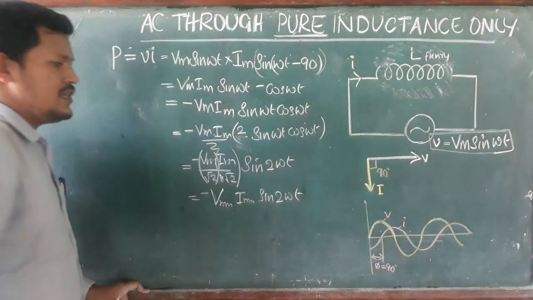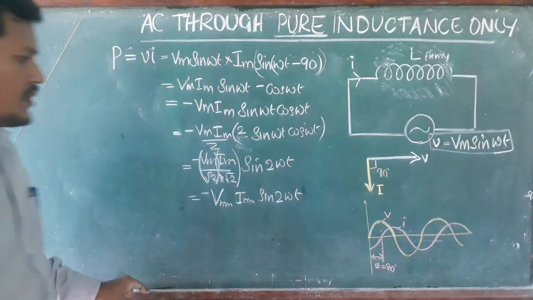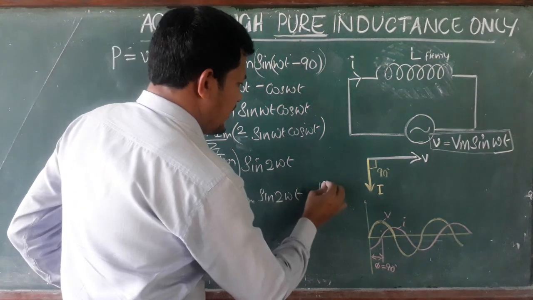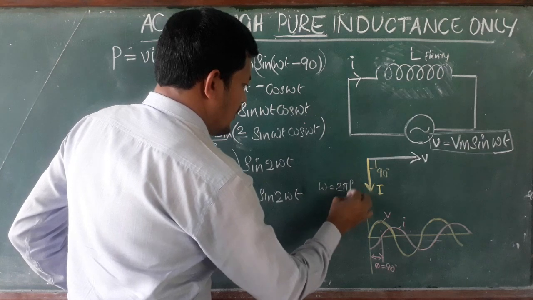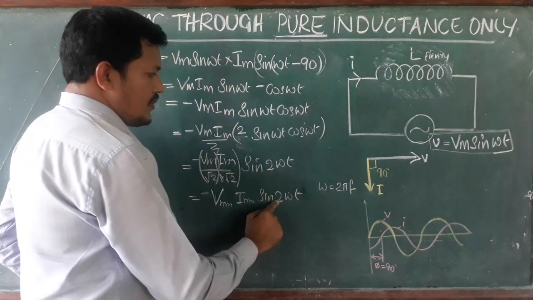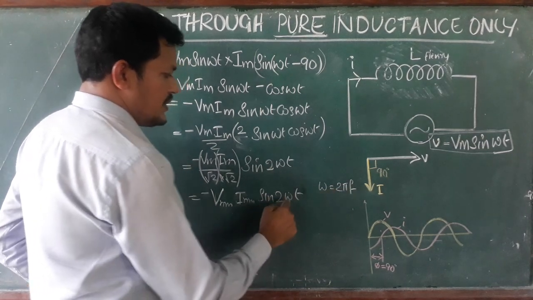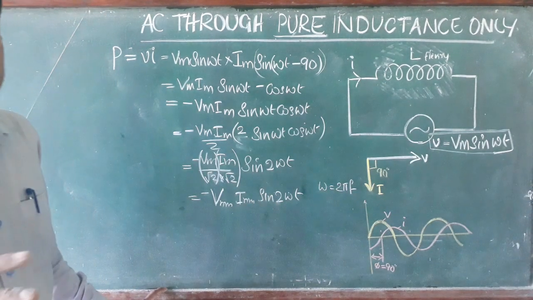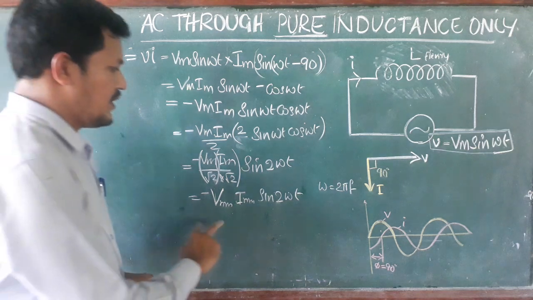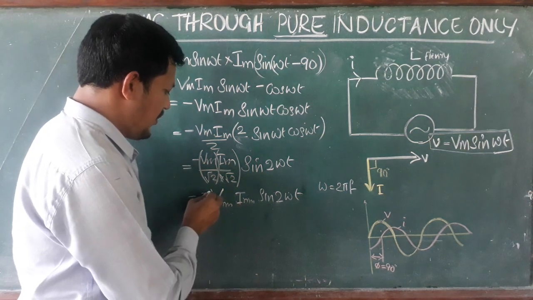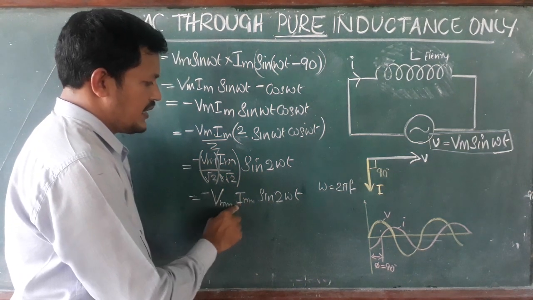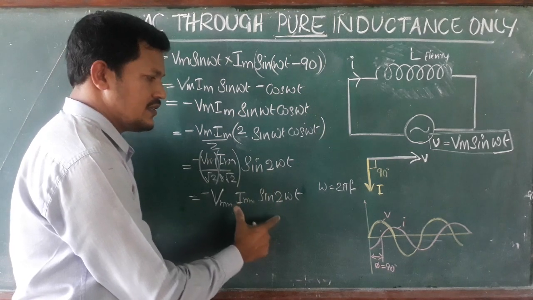Here omega means 2 pi f. Here 2 is already multiplied, so 2 into f means the frequency is doubled. We are telling the frequency is doubled, and the value is minus Vrms Irms into the double frequency, which is the power.